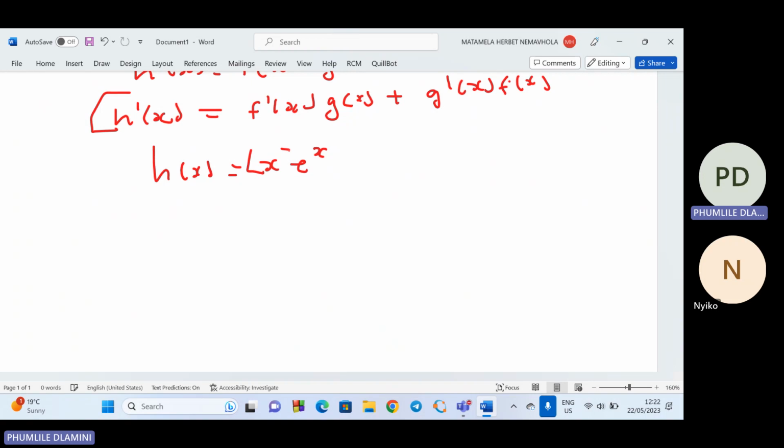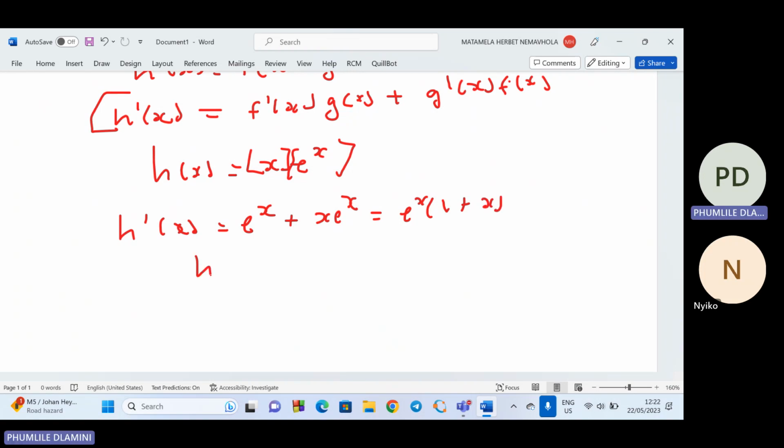To find h prime of x, I first differentiate x, and I'm left with e to the power x, plus I differentiate e to the power x, which is again e to the power x. So this is my h prime, which I can even rewrite as e to the power x in brackets 1 plus x.